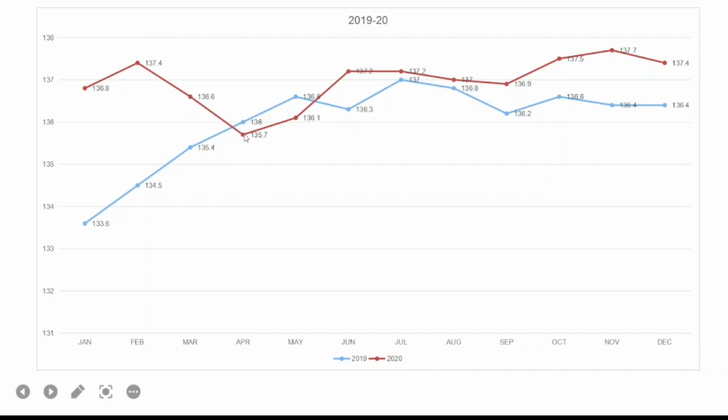The CPI numbers dropped, and in April when we had the lockdown happening all around the world, the CPI numbers actually became negative. So instead of inflation, we started having negative inflation that continued for 2 months, April and May, and after that the numbers became positive, but they were not very far off.